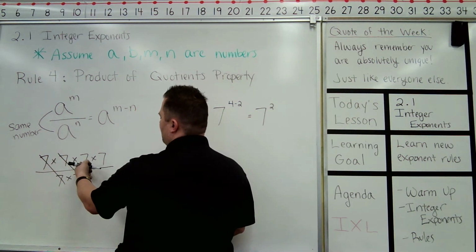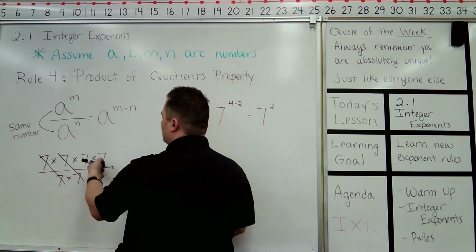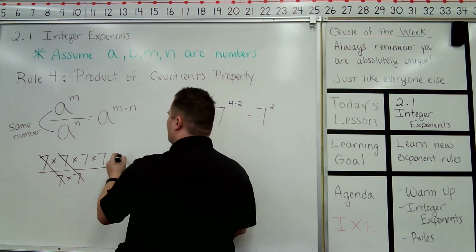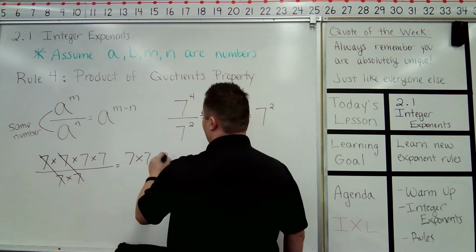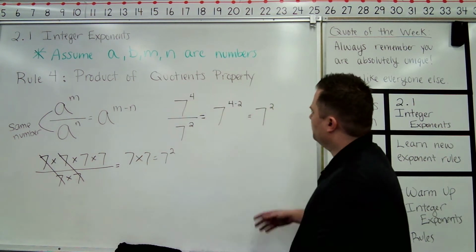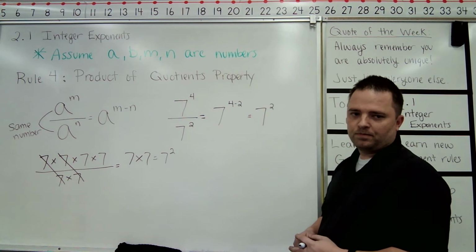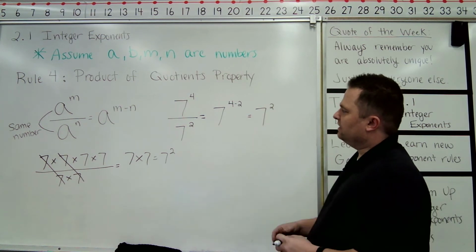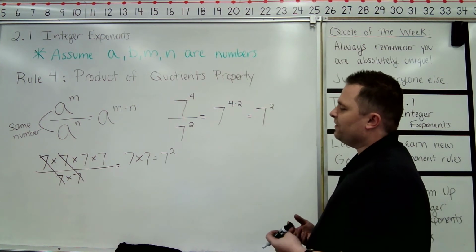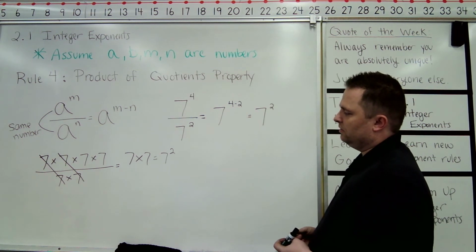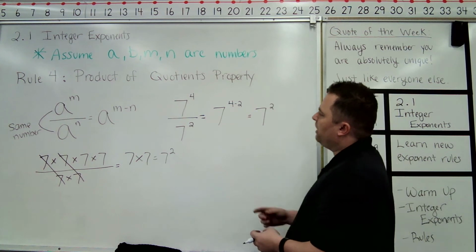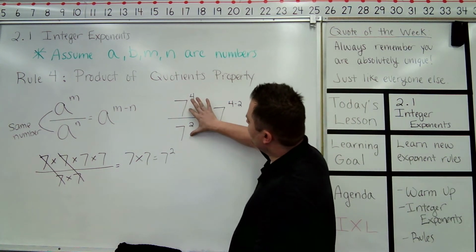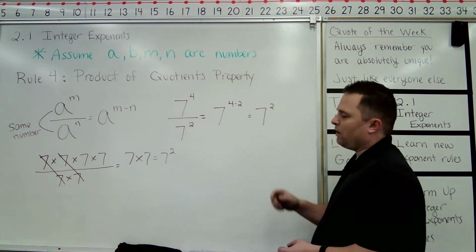So what's left are just 2 7s on the top, which can be rewritten as 7 squared, which is what we have here. This process works even with negative numbers as well. Any number I want for m and n, as long as the bases are the same, I can rewrite it.